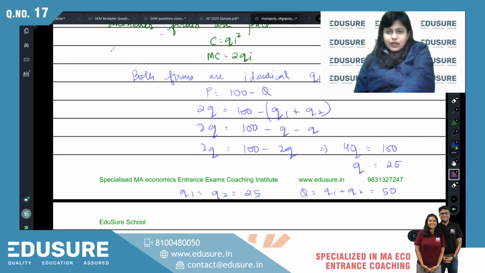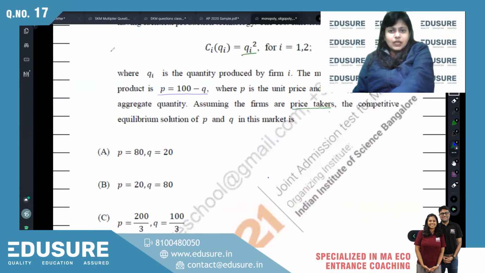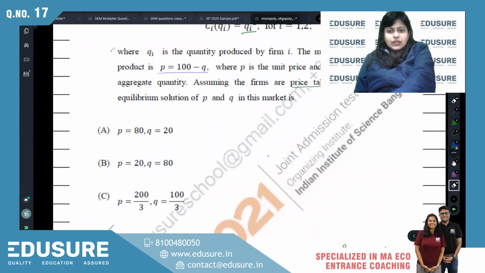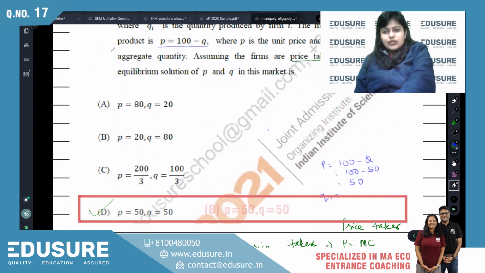So Q1 plus Q2 is 50, so price is going to be 100 minus Q, which is 100 minus 50, which is 50. So total quantity is 50, and small q1 and small q2 will be equal to 25.